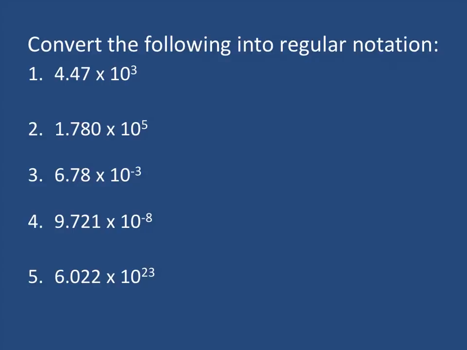So what we're going to do now is we're going to practice this converting into regular notation. Okay, converting to regular notation is all about the sign of the exponent. If you have a positive exponent, you move to the right.